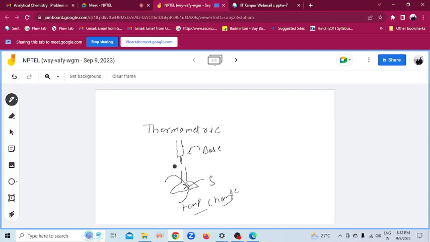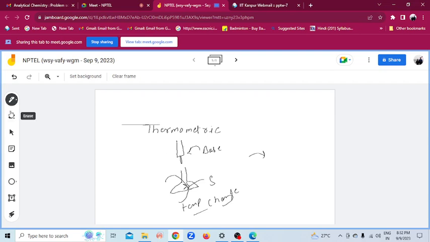This indicator will change color, so you can identify that the end point of this reaction has come. But here a temperature change will be there, so by temperature change you can measure the end point. Okay, so it is thermometric titration.